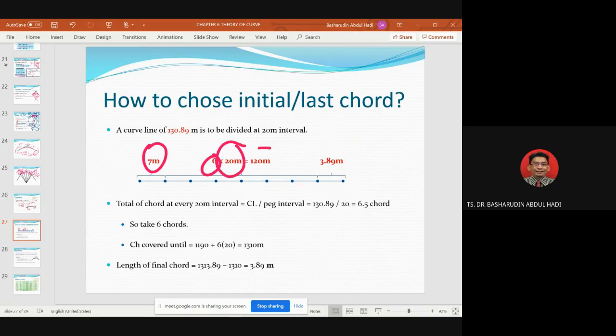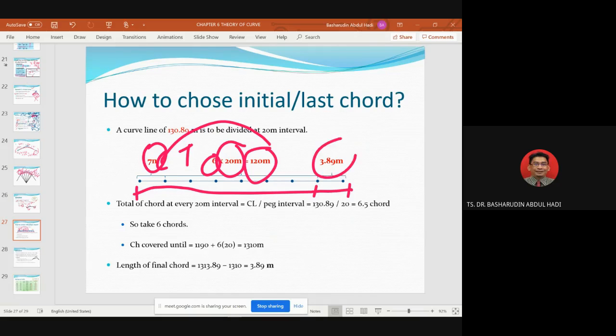We plus 7 meter, and we minus the overall curve length. So you get the last chord, which is 3.89 meter.